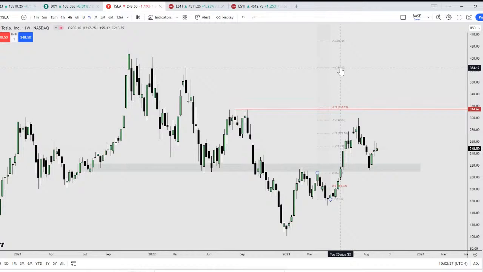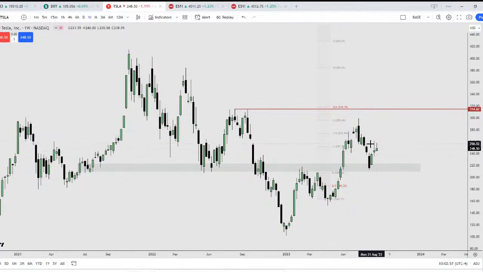If so, then I'll be looking for all-time highs for Tesla, maybe to the fifth standard deviation, because the fourth standard deviation here is just this old high here. We have relatively equal highs in the vicinity, so I'm expecting that to be attacked if it is going to remain bullish. Okay, so that's for Tesla, right?